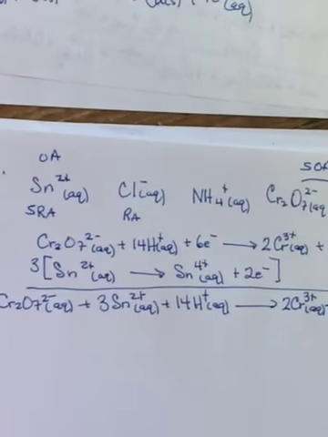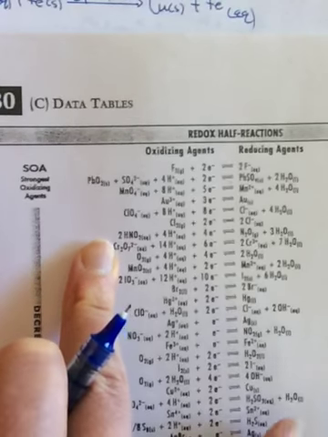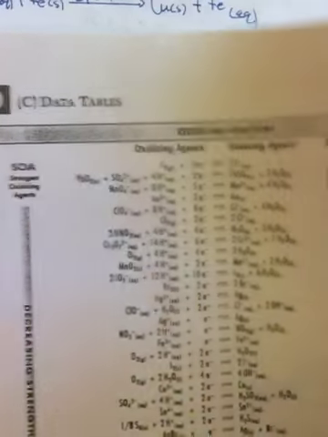Then you go back to the chart to see which one is higher. The dichromate is all the way up here, and the tin is down much further.